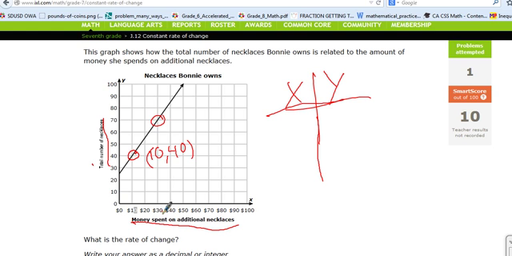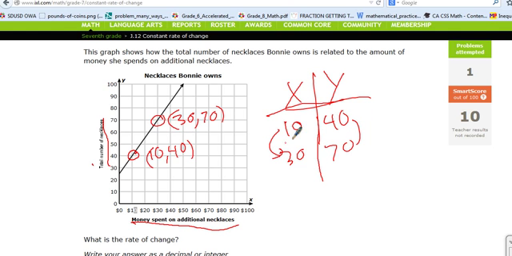Here, this point would be 30 by 70. Okay, I'm going to put these points here in my table: 10, 40, 30, 70.